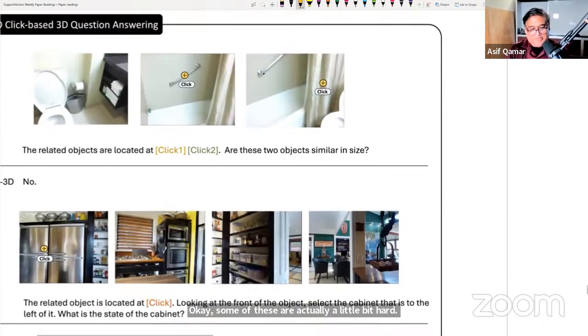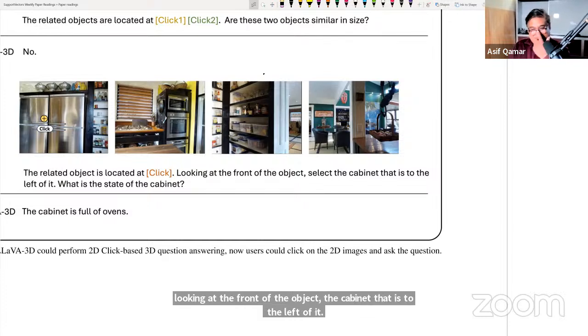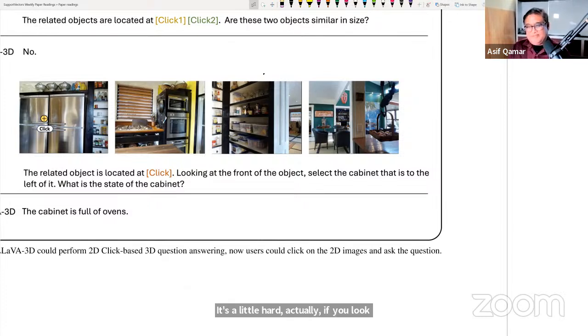One that I found quite remarkable was this. You click on this. The related object is located at blah. Looking at the front of the object, select the cabinet that is to the left of it. It's a little hard, actually. If you look at this picture, I don't know how many of us could immediately figure out what is to the left of it.